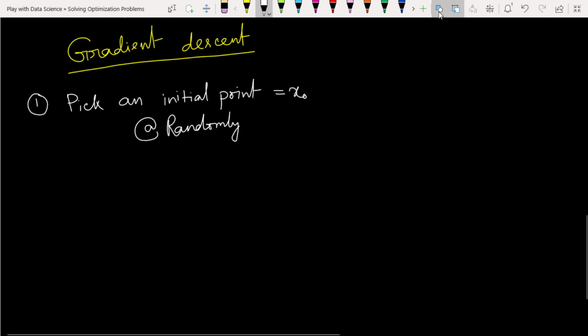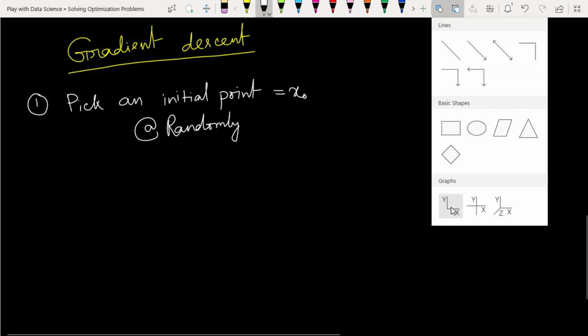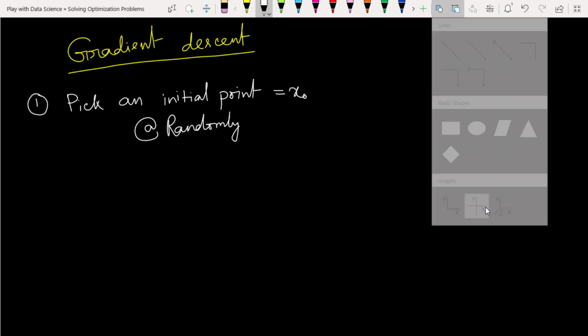Let's draw a picture of it, then it will be clear.